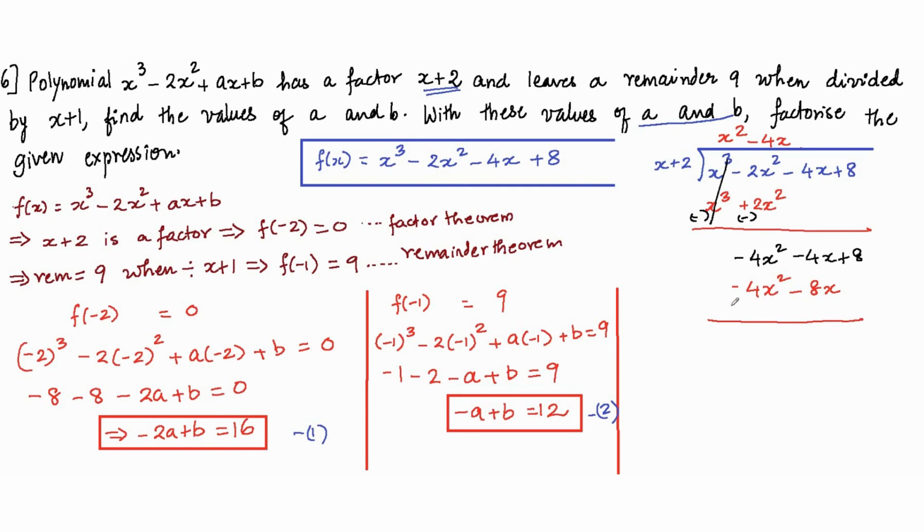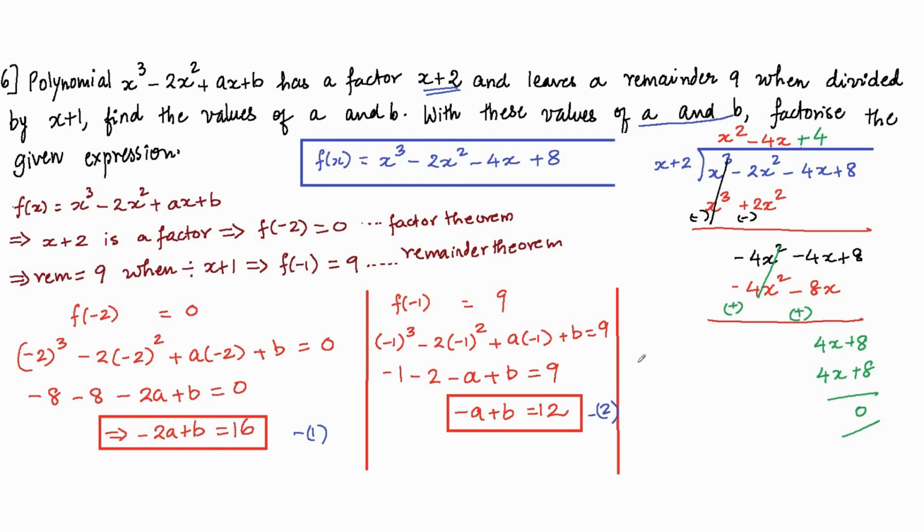So when I subtract, the sign of 4x square becomes positive and this also becomes positive. Negative 4x square positive 4x square becomes 0 and negative 4x positive 8x is positive 4x plus 8 and x multiplied by 4 becomes 4x and 2 multiplied by 4 becomes 8. So the remainder is 0, which is expected, by the way, because x plus 2 is a factor.